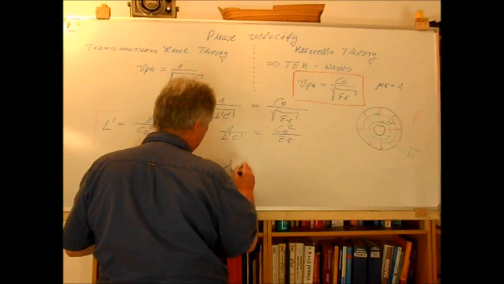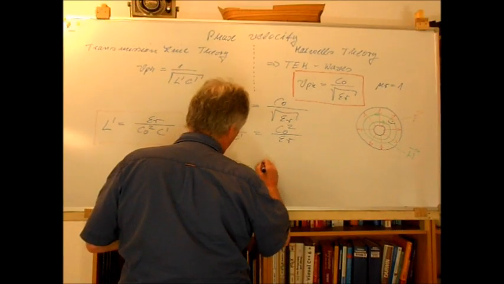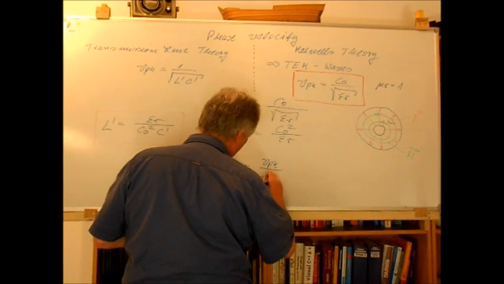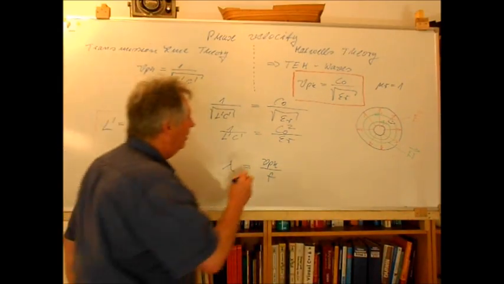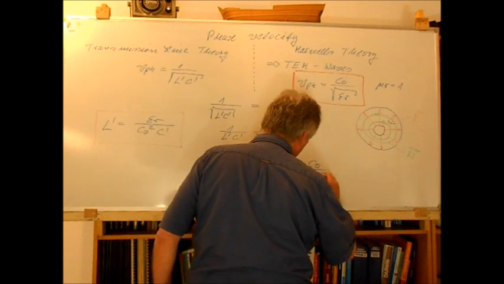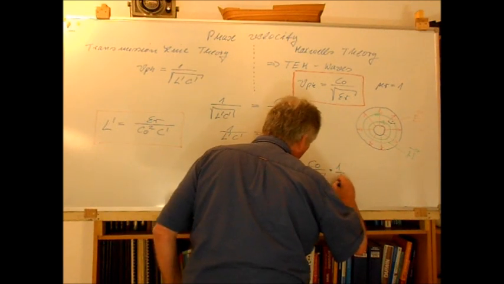which again means that we can now calculate the wavelength on a transmission line by using this expression for the phase velocity divided by f, or this is c naught divided by the square root of epsilon r times 1 over f.